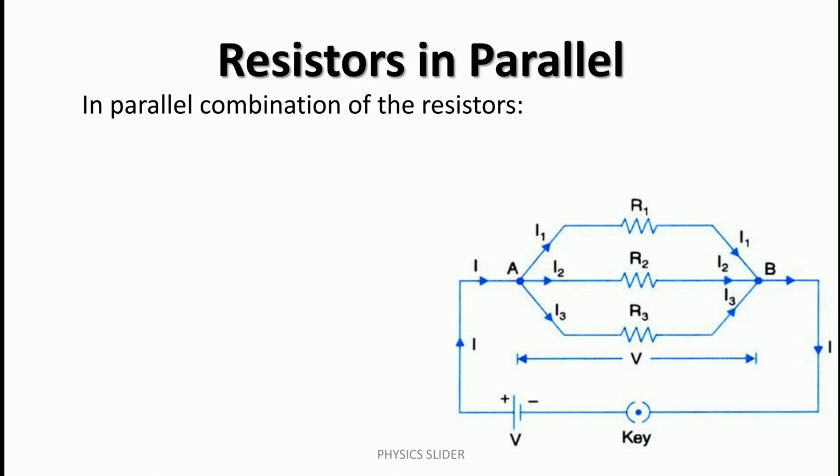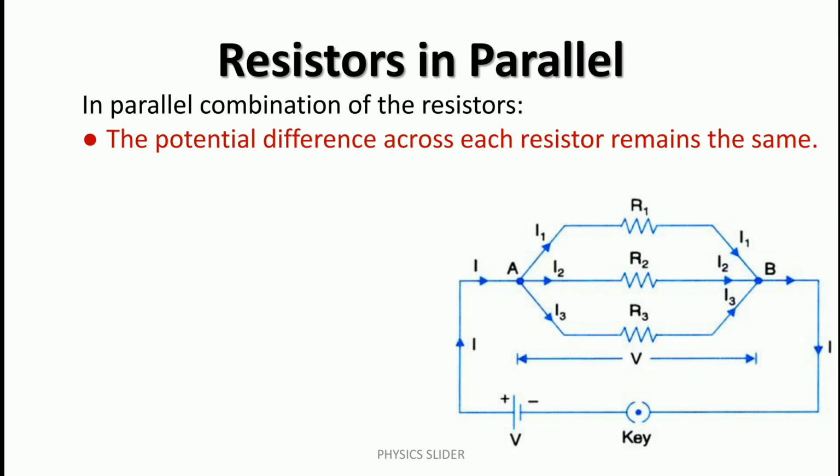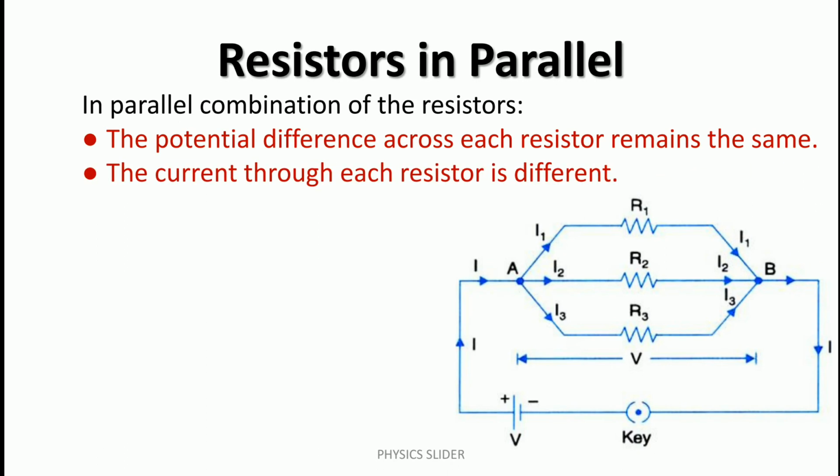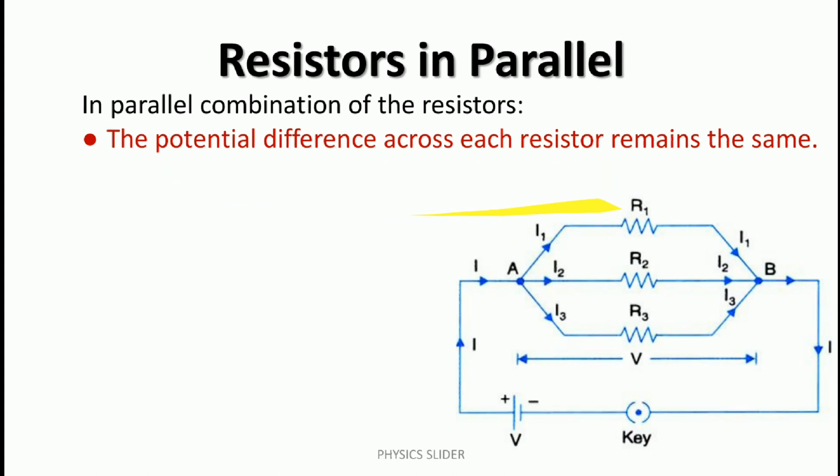So the current in each resistor connected in the parallel combination is different, but the potential is the same in each resistor. So watch here, these two points we must remember. The potential difference across each resistor remains the same, but the current through each resistor is different.